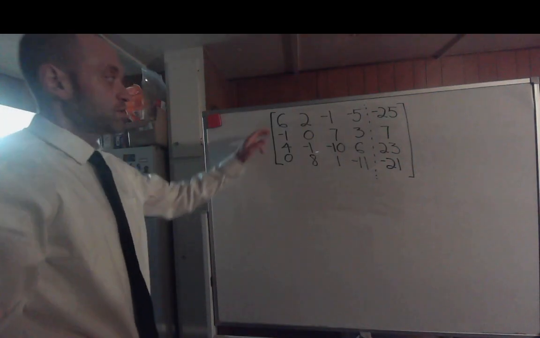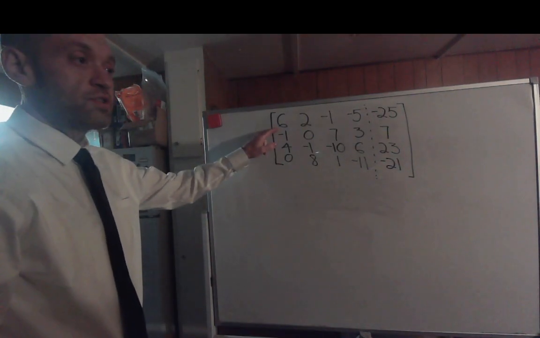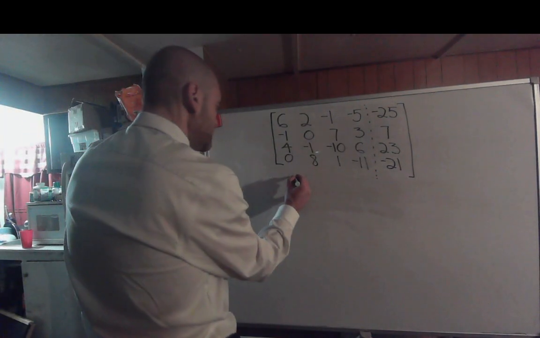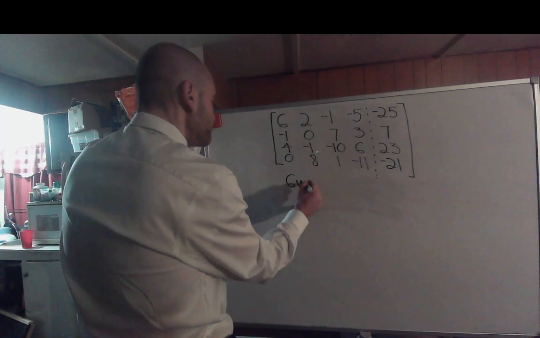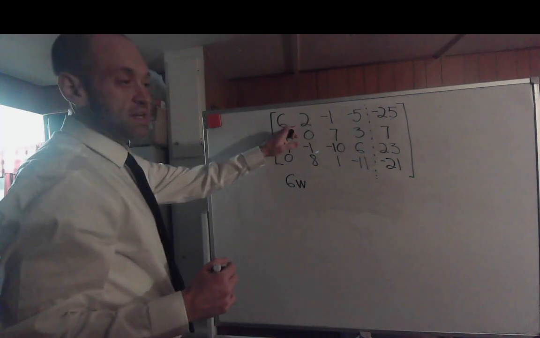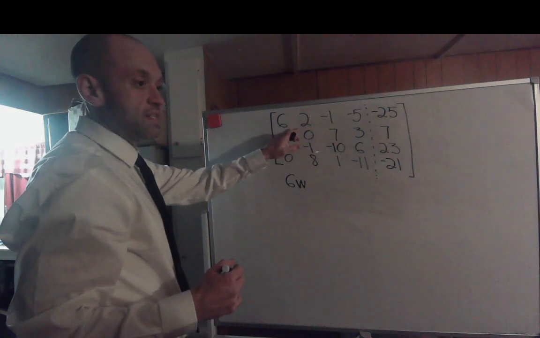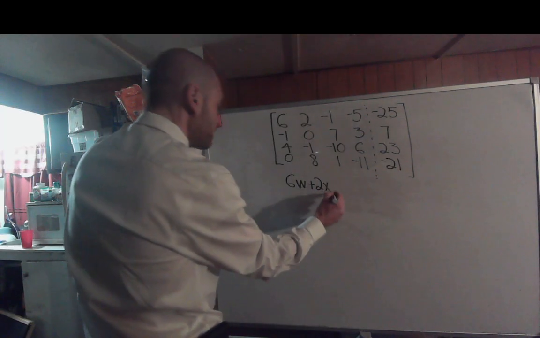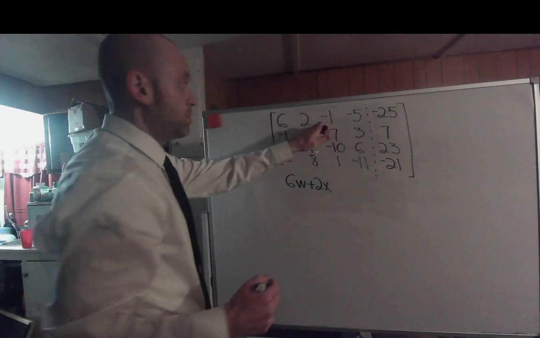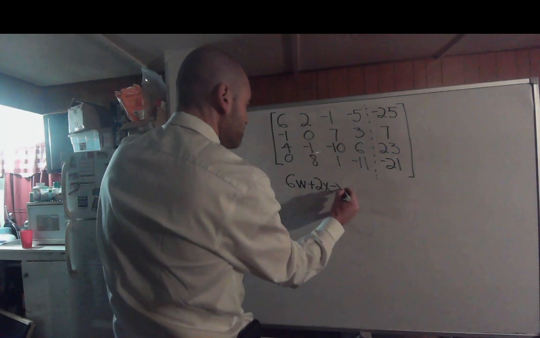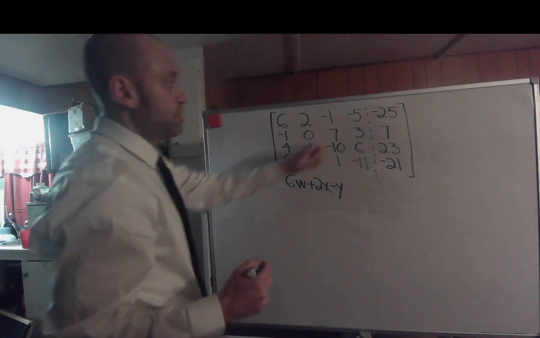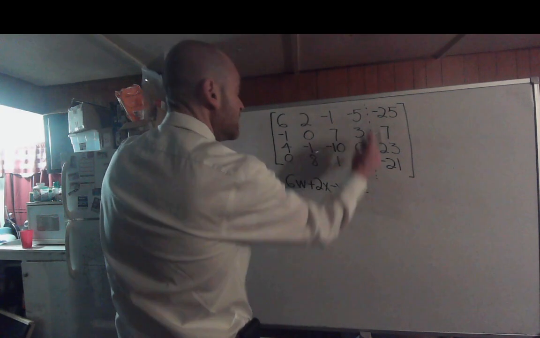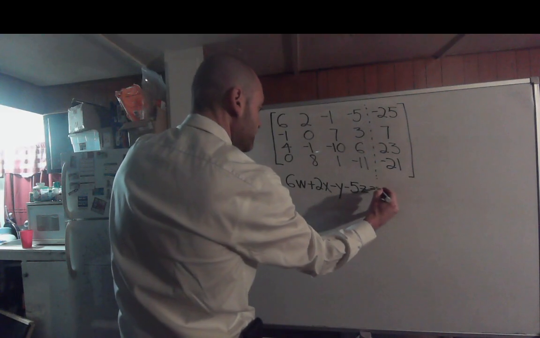So in the first entry of the first row, that's the coefficient on my w variable, so that would be 6w. And then the second number is my coefficient on the x variable, which would be plus 2x. And then the coefficient on y, which is negative 1, so minus y. Coefficient on z, so that's minus 5z, equals negative 25.